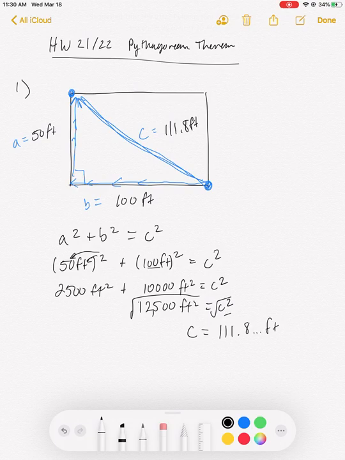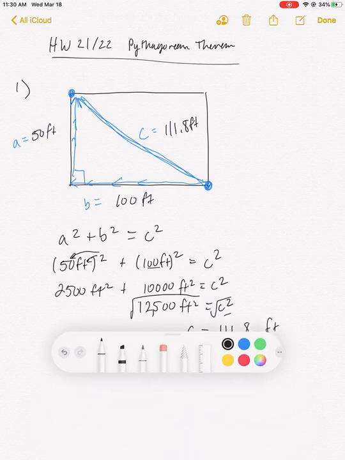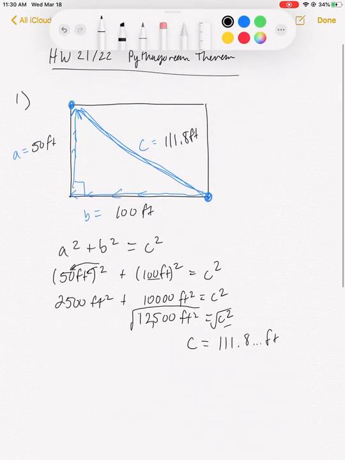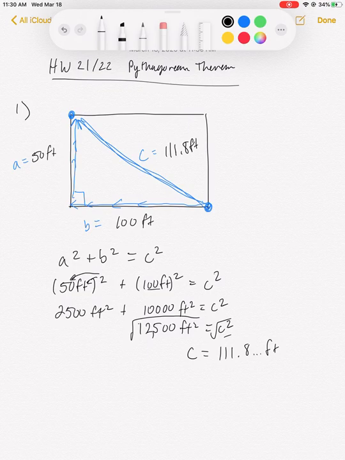Okay, now remember that we are not quite done, and that we want to find the distance saved. The distance that is saved is the distance that you have total around this way on the parking lot, subtracting off this way, from one end of the parking lot to the other.